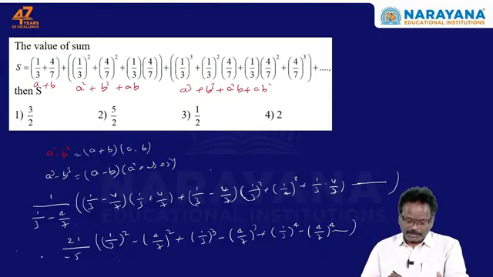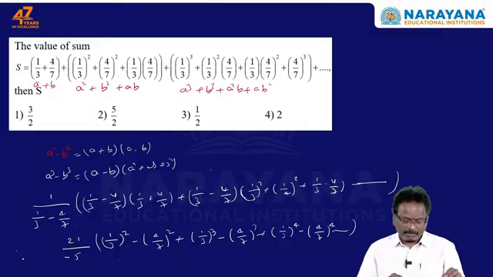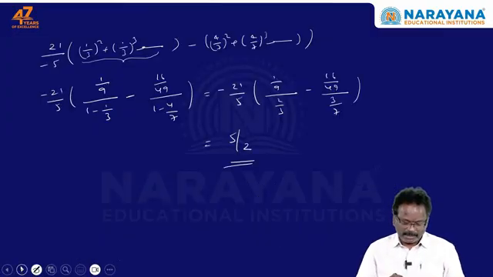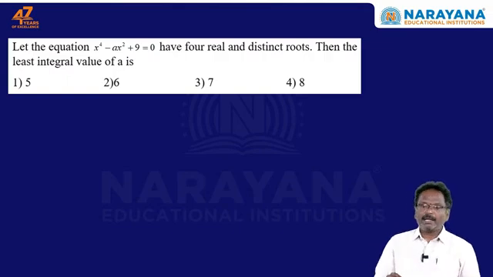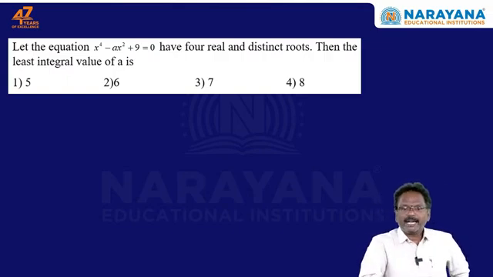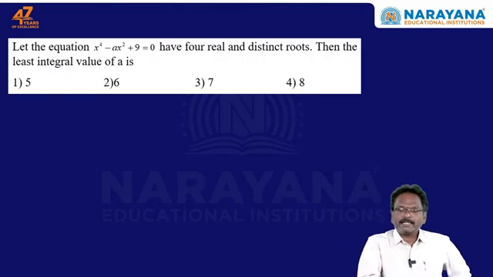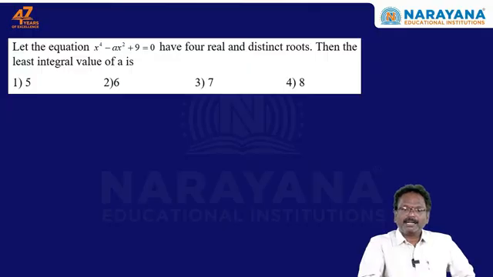Now, next question in mathematics: let the equation x power 4 minus ax square plus 9 equal to 0 have 4 real and distinct roots, then find the least integral value of a.